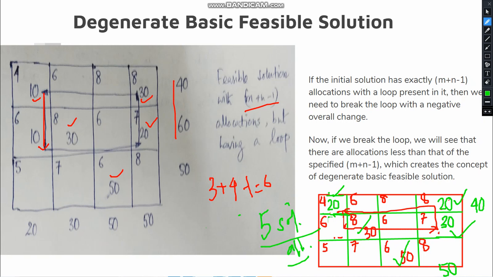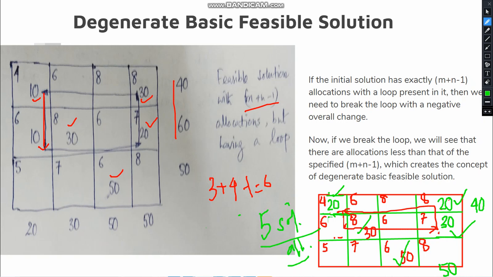So now what is the troublemaking part? The important thing is that you are violating the m plus n minus 1 rule. So are you really violating it? No, it is a special case which you term as degenerate basic feasible solution.